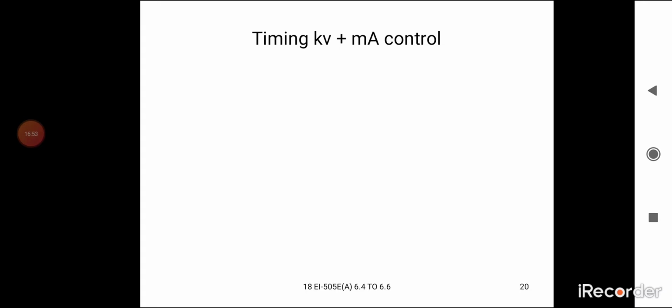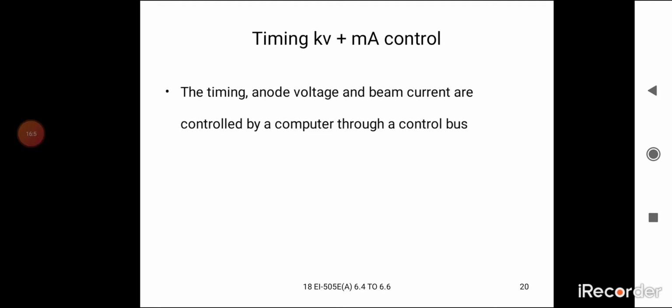Timing kilovolts plus milliamps control: the timing, anode voltage and beam current are controlled by a computer through a control bus.